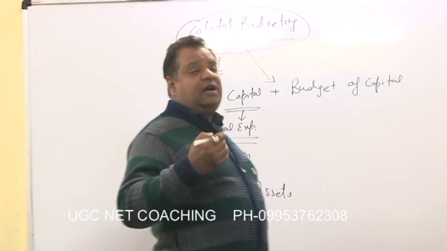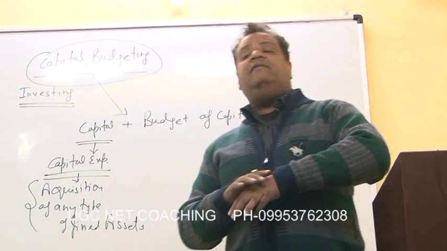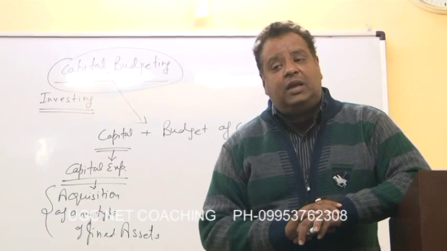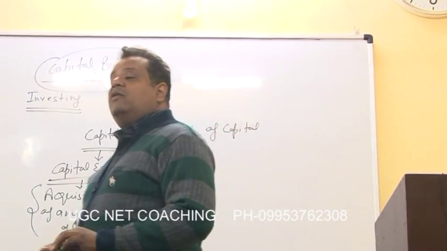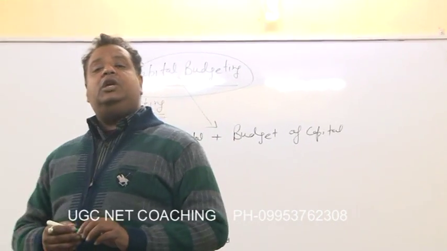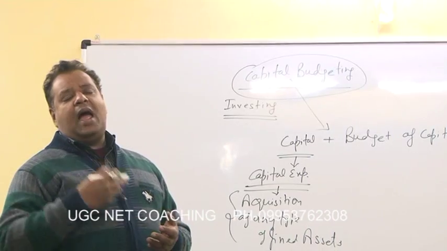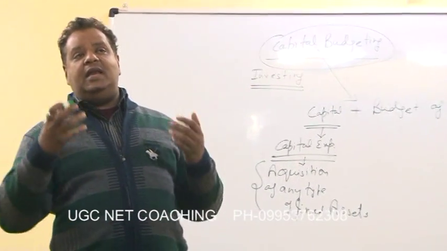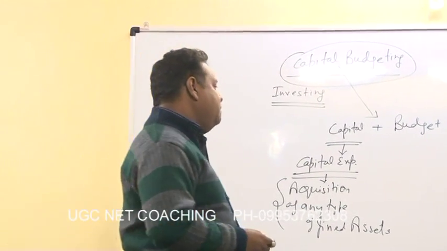Whatever fixed assets we are involving, if we are purchasing any land, if we are making an investment in any type of proposal, these are always known as capital expenditure. In your earlier classes, we have already studied the difference between revenue expenditure and capital expenditure. The amount that is spent for purchasing any assets or launching any new project is known as capital expenditure.